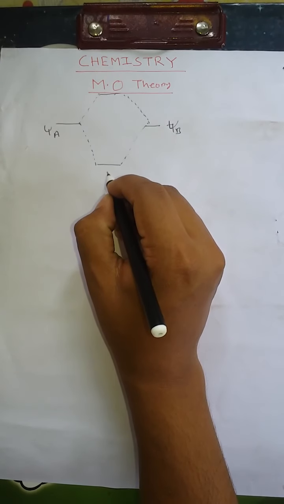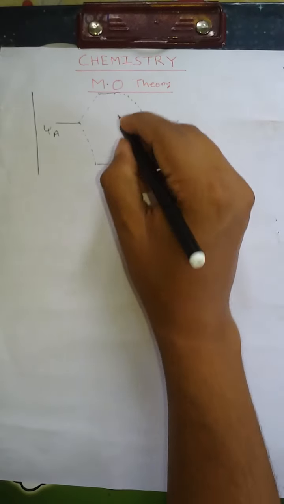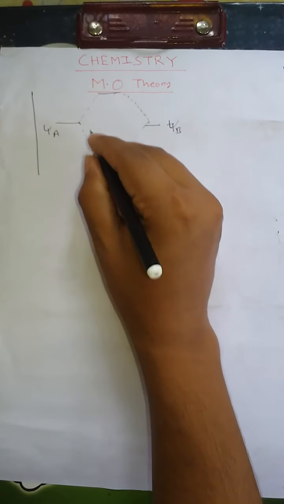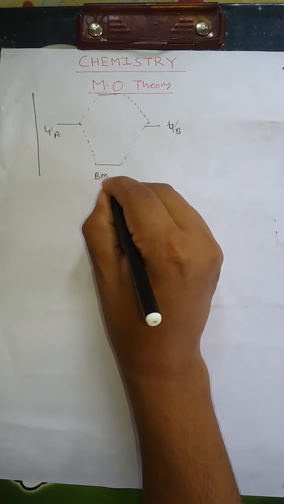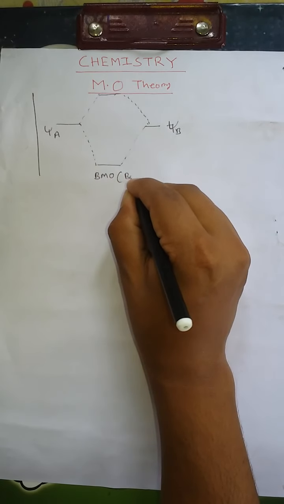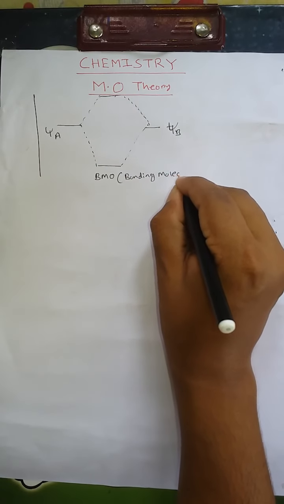Two types of molecular orbital form. One has energy decreased and one has energy increased. When energy decreases, this molecular orbital is called BMO, or bonding molecular orbital.